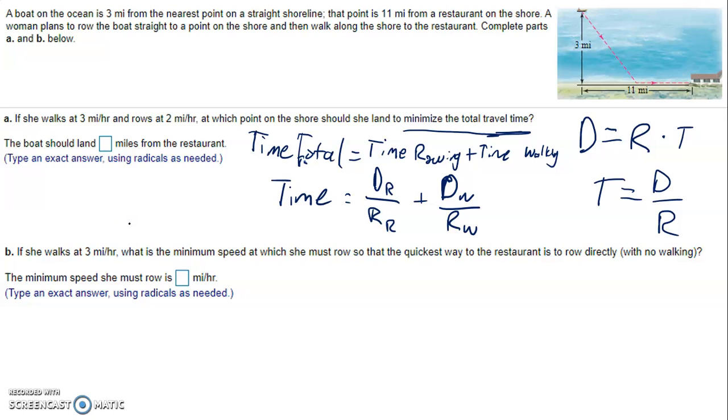For the second one, we want to minimize the speed at which she must row so that the quickest way to the restaurant is to row directly. So this is a pretty challenging problem. Basically, you're going to use the same equation from up here, except your rowing rate will become a variable.